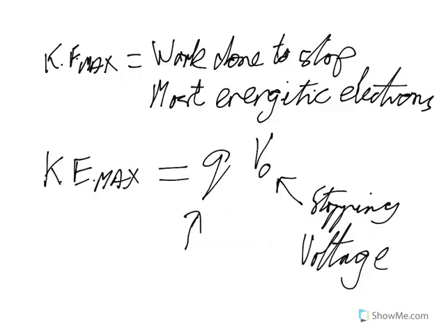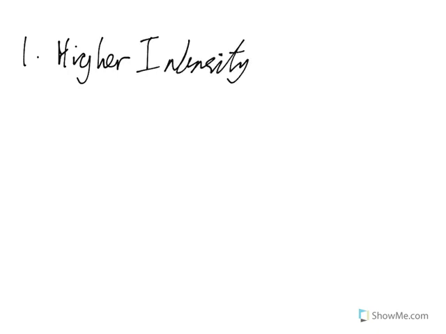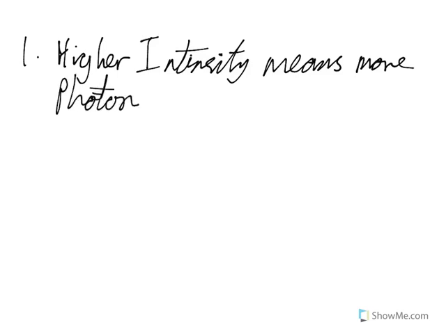So in your notes, point number 1, higher intensity of light means more photons. Each photon is the same energy, but we got more photons, not more energy per photon.